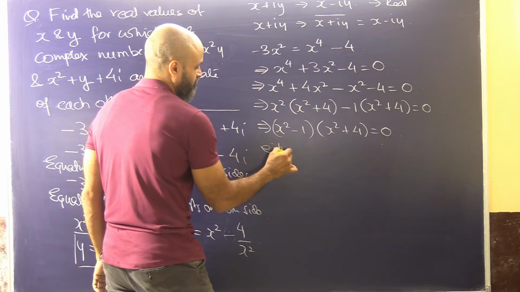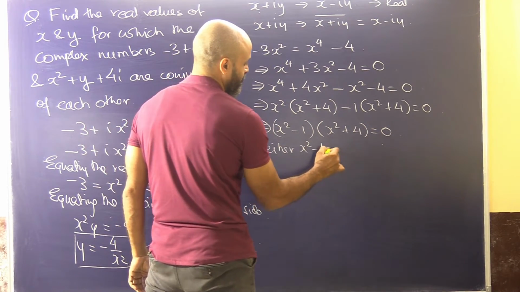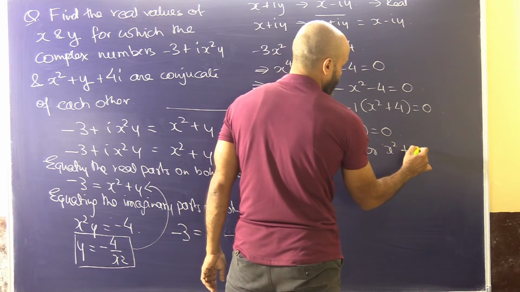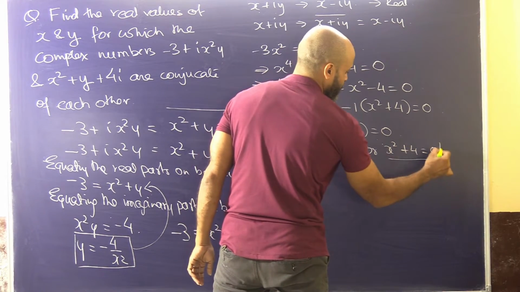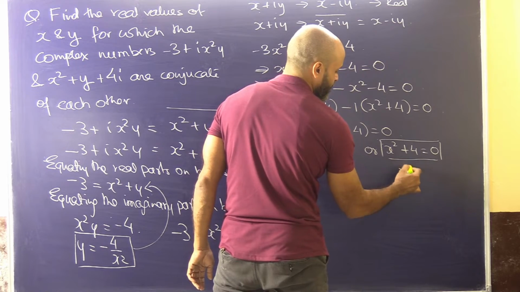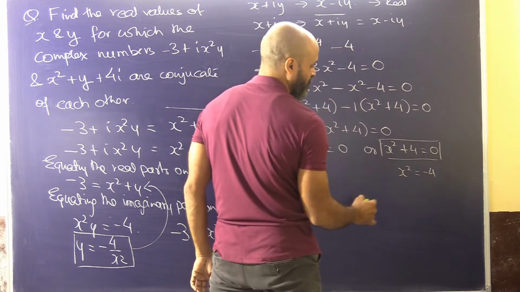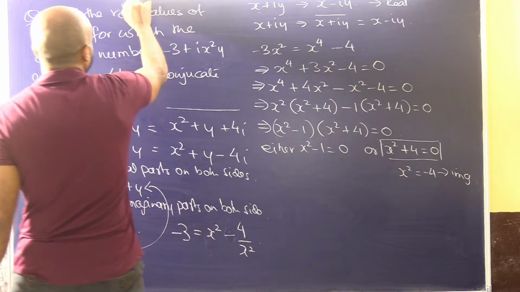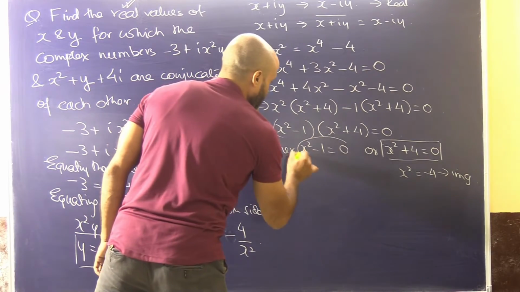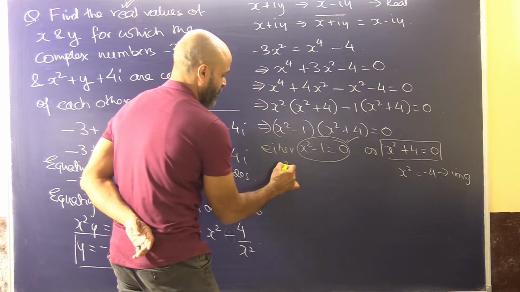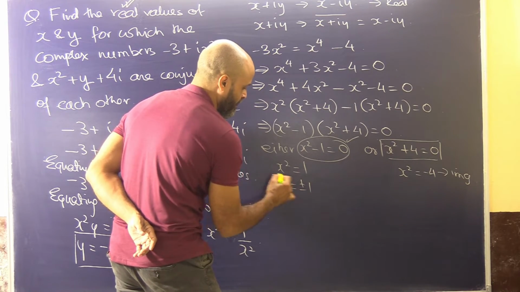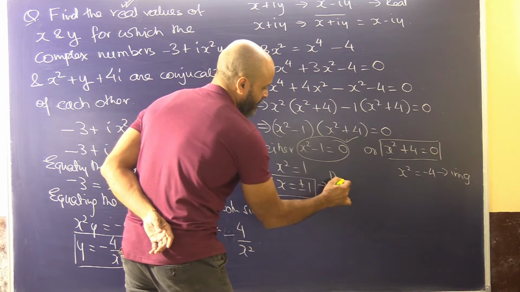So either x² - 1 is equal to 0 or x² + 4 is equal to 0. We cannot accept this value because in that case x² will be equal to -4, so this will give us an imaginary value, whereas we have to find out the real values. So the only thing we can take here is this one. So x² is equal to 1, which means x is equal to plus minus 1, and both are real values.